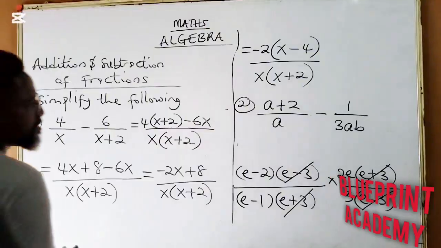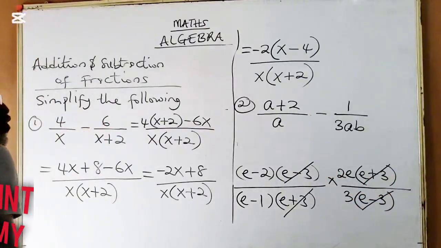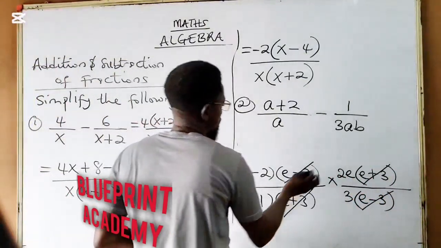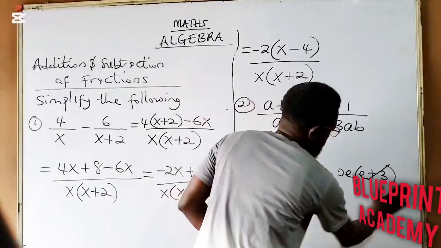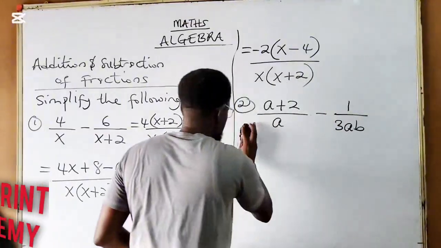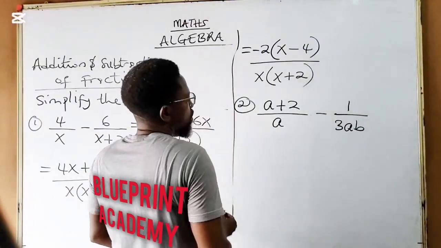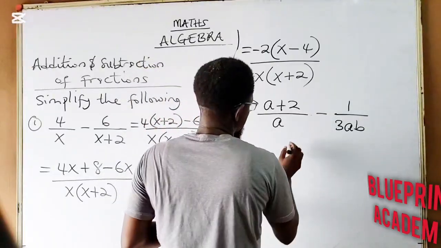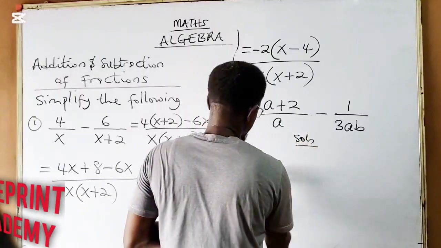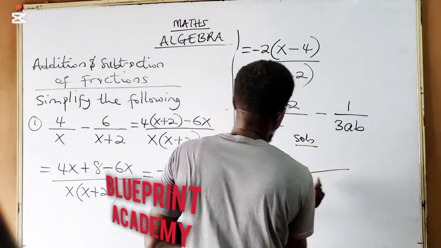Now, for a question like this, if you want to carry out a subtraction, bring out the LCM. The LCM is what both of them can divide without the remainder.